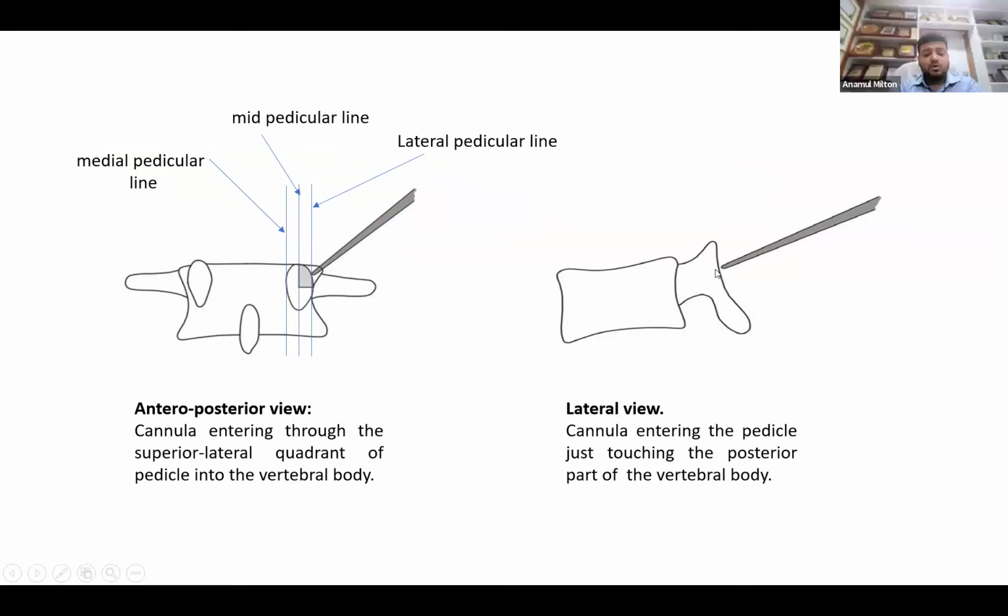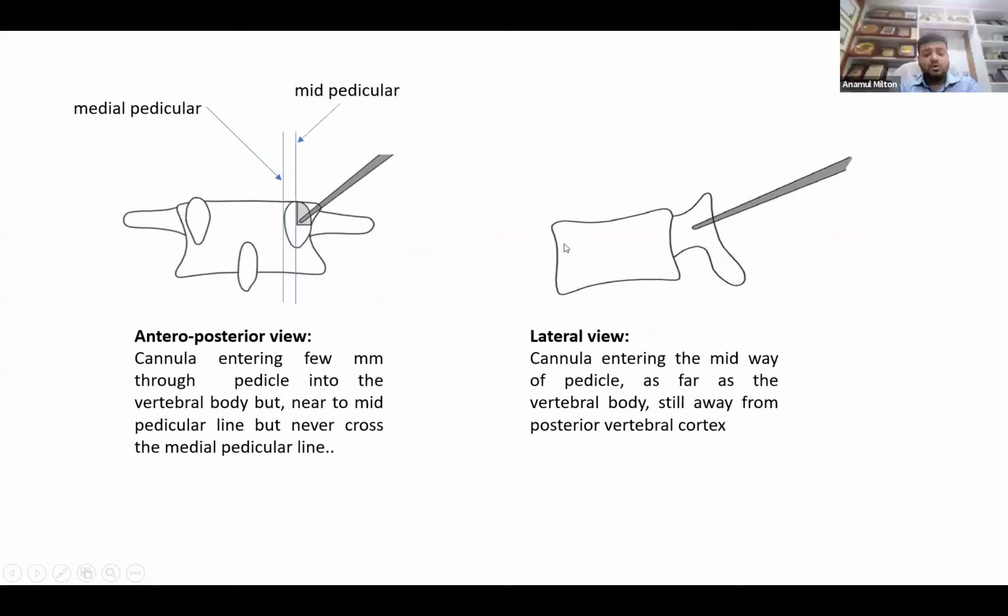So this is the pedicle area, and only the posterior part is touched. Then I go a little bit inside the pedicle, touching just the imaginary middle pedicular line, not crossing the mid pedicle. This is the mid pedicle, not medial. At that time I have already crossed around 50% of the pedicle in the lateral view.